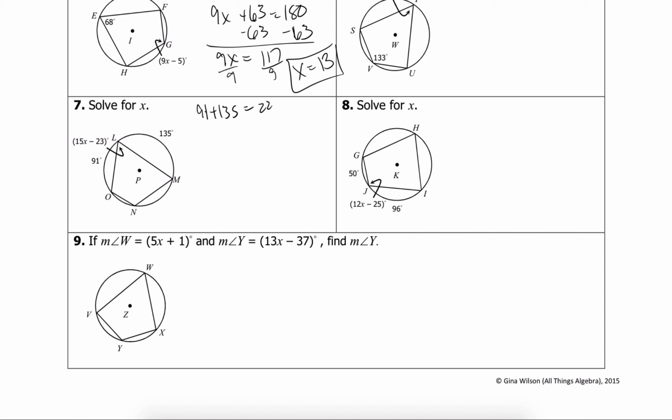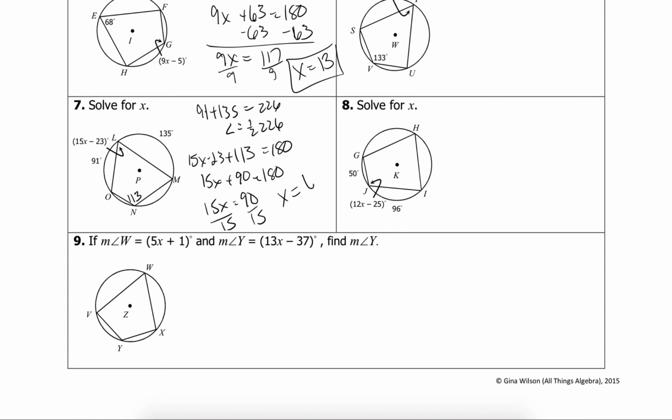That's 226, and I know that the angle is half of 226. So this angle N is 113. So I'm going to add that 15x minus 23 and the 113, and that's going to equal 180. It's going to be 15x plus 90 equals 180. So when I subtract 90, 15x equals 90. Divide by 15, we get x equals 6.